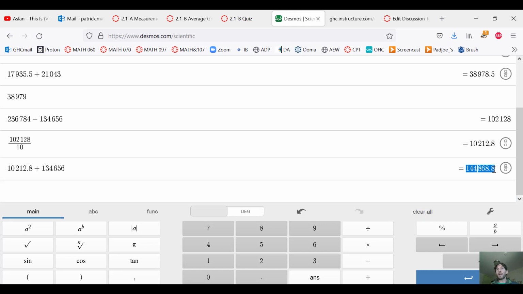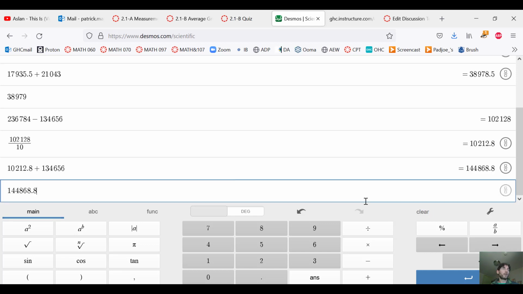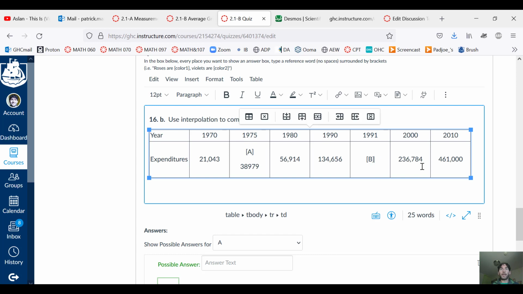Then we round that to the nearest whole number. That's a 0.8, so that would round up to a 9. So 144,869 would be the answer there, a good estimate for college expenditure in 1991 using interpolation.